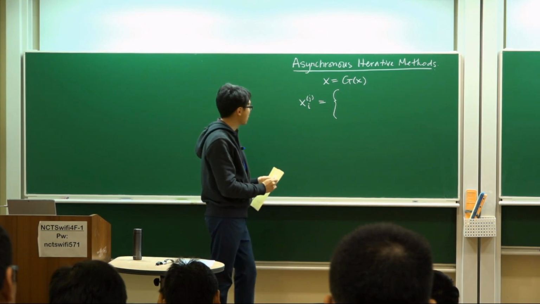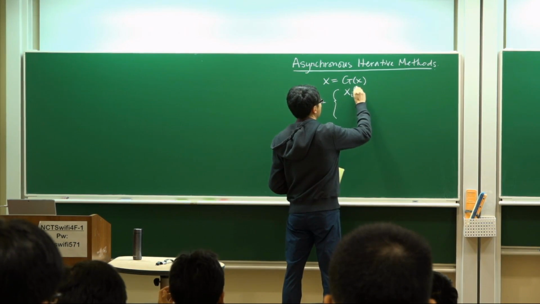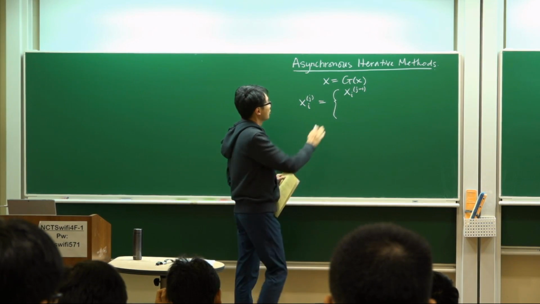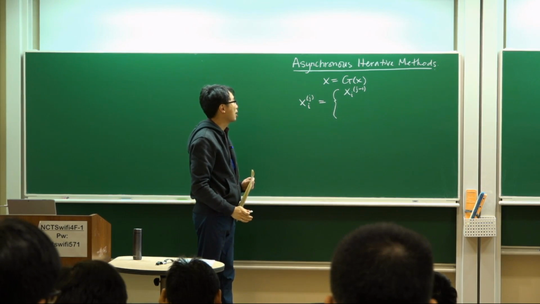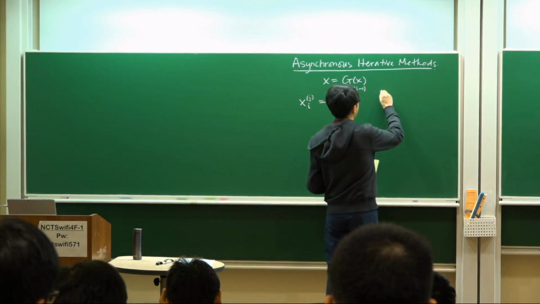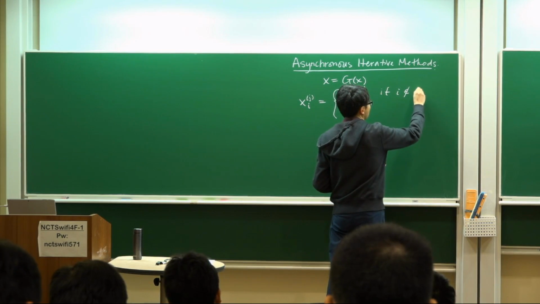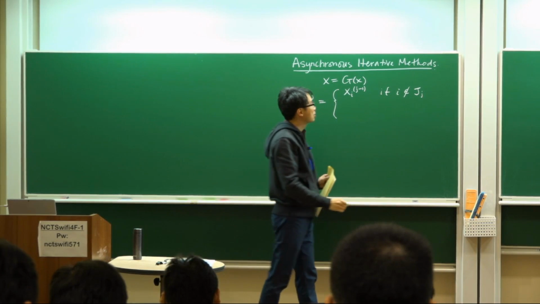And if it is not in this set capital J, then x_i is not updated. So I will use the time instant j minus 1 directly gets mapped onto time instant j for index i. So that's the case where i is not in the set capital J at time instant j.